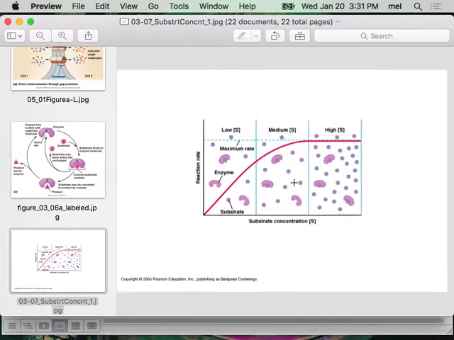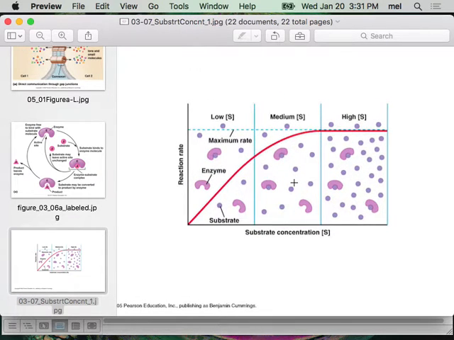Saturation has to do with how many enzymes there are, and whether they're full or not. So let's say you have one enzyme and boatloads of A and B. Then the enzyme is going to limit the rate at which you get your product. Does that make sense to you?